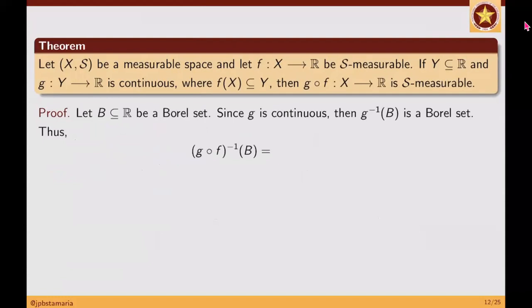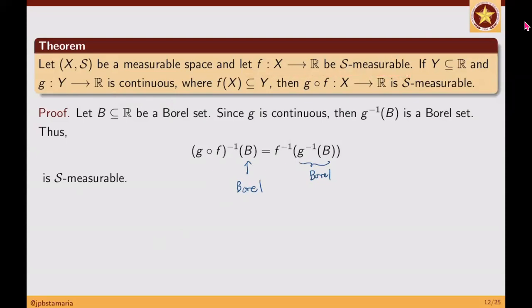Thus, if you take the inverse image of B under the composition G circle F, it's going to be F inverse of G inverse of B. So this is the idea. Si B kasi Borel. So si G ay, anong katangian ni G? Si G ay continuous. So saan niya dadalhin yung inverse image ng B? So this is also Borel. But F is what?